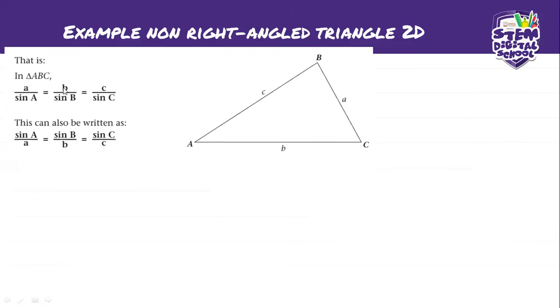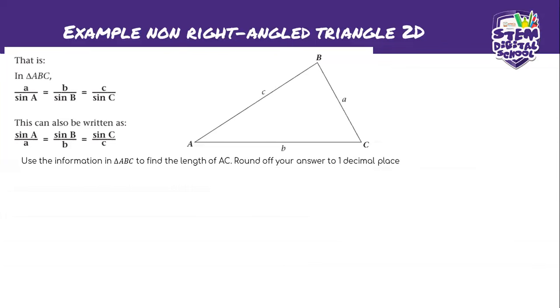Then we have small letter b divided by sine angle B, where we have this angle B and the side opposite to this angle is small letter b. The same applies with this angle C. This side is going to be small c. So this is the formula that we are using to calculate any triangle where we have to apply the sine rule, right? Now let's see if we can have one example.